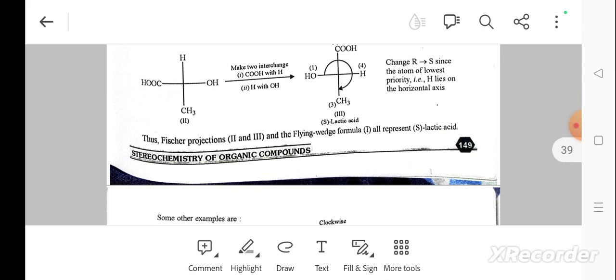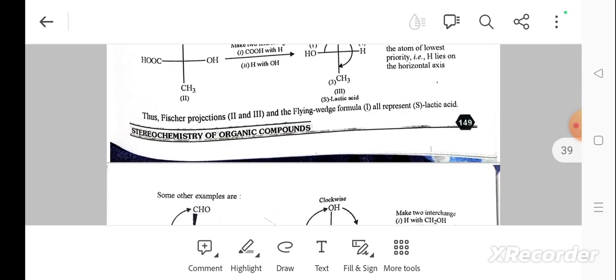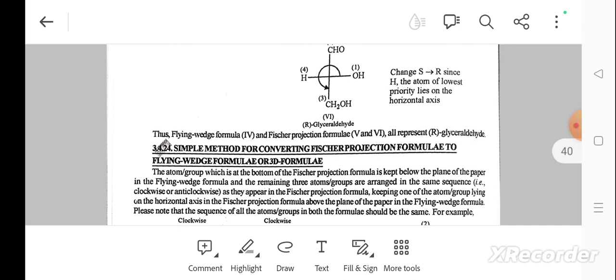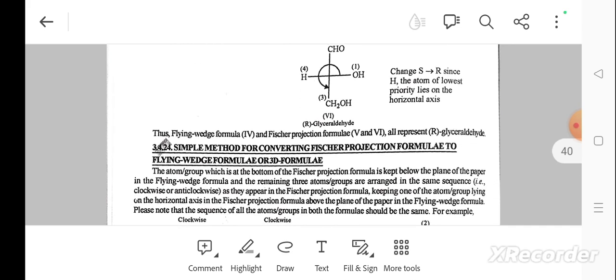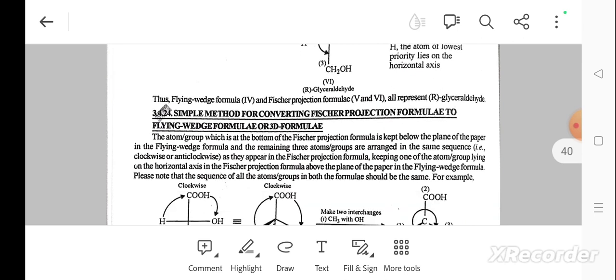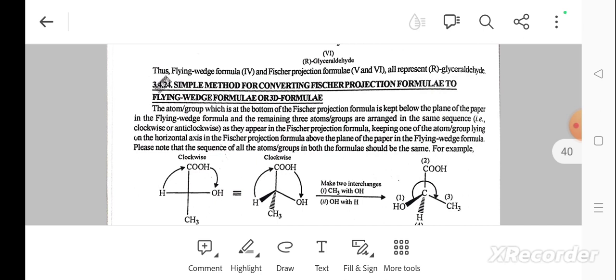For example, thus the Fisher projection of second, third, and the flying wedge formula of first lactic acid. Thus the wedge formula of fourth and the Fisher projection formula of fourth and sixth all represent the R glyceric acid. Simple method for converting the Fisher projection formula to flying wedge formula or 3D formula.